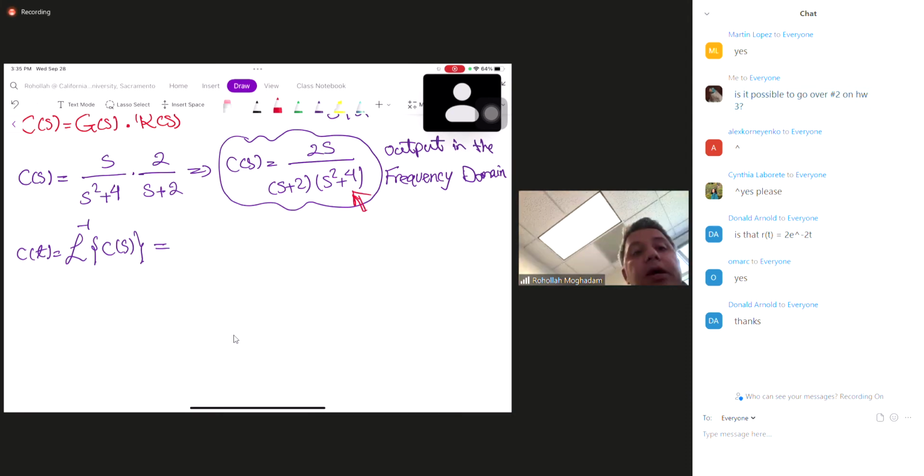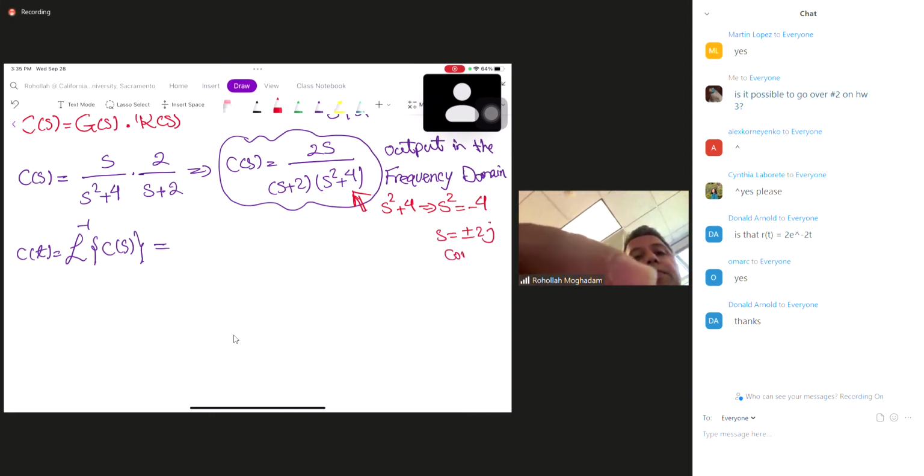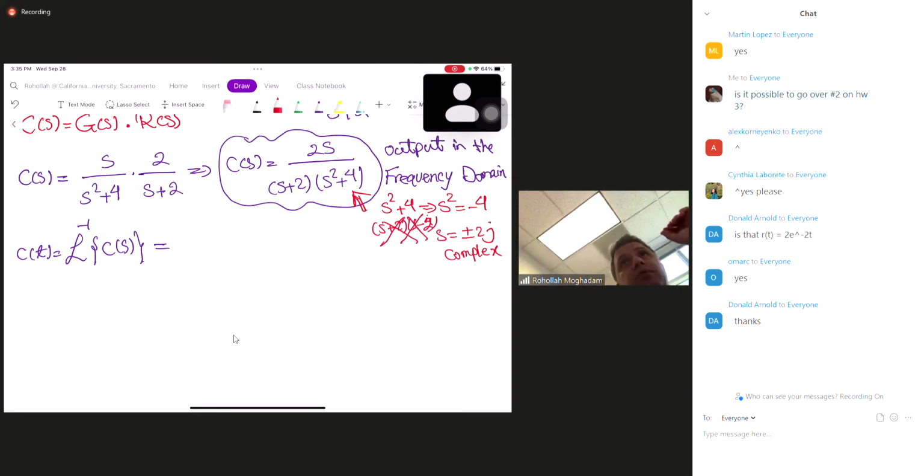S squared plus 4, if you take a look at the roots, S squared becomes negative 4, or S becomes plus minus 2j. This is complex, and you can never write it down as s plus 2 times s minus 2. This is not correct, all right? Be careful.